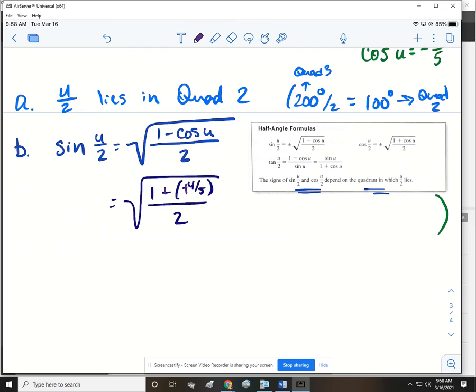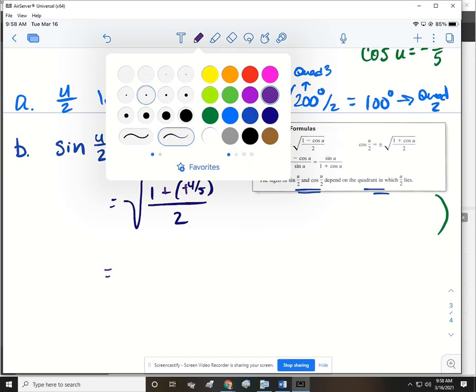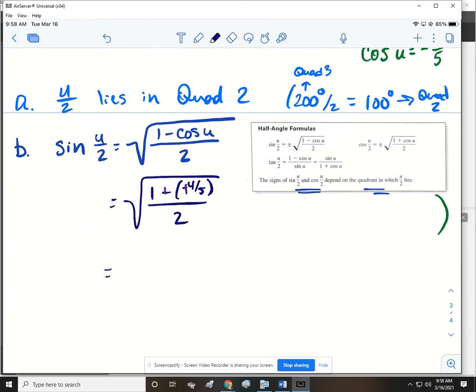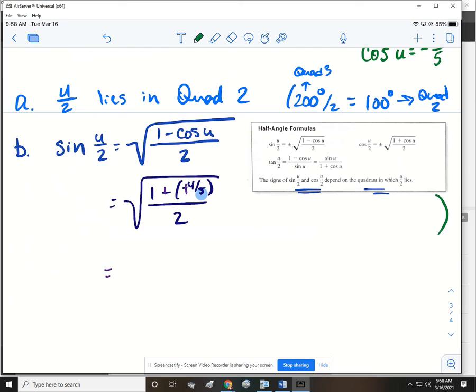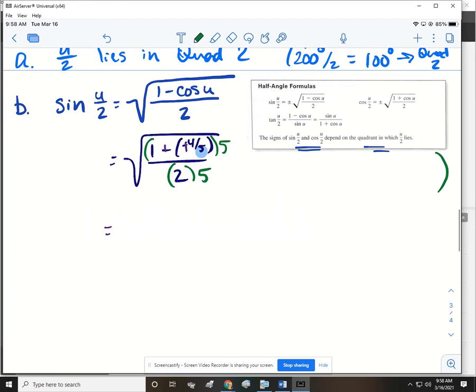All right, and then we have this fraction inside of a fraction. I don't want this 5 right there, so what I would do is multiply by the 5. Then I would do square root over square root, distribute the 5.